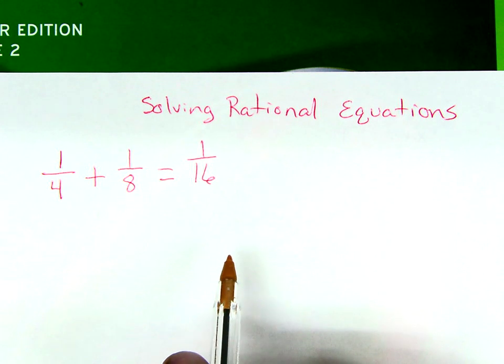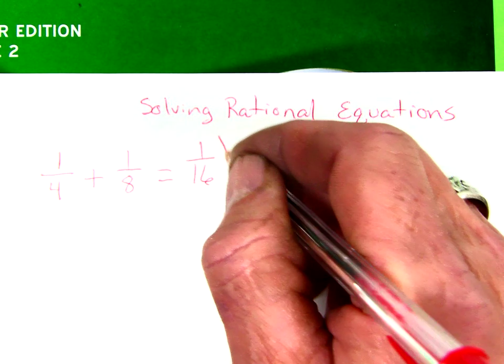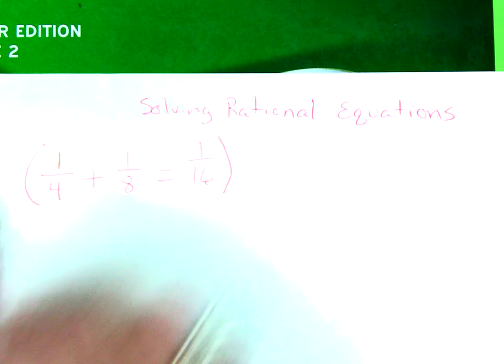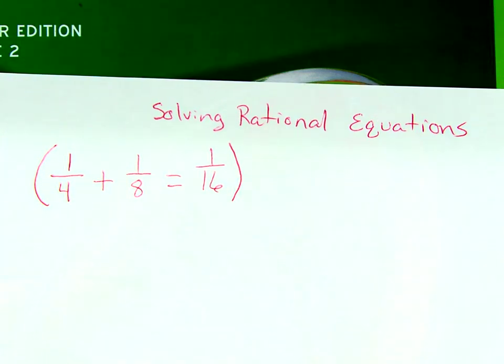That kind of is a game changer because that allows us to not have to multiply the top and the bottom anymore by the same number to change these fractions. And it allows us to multiply the entire equation. We'll multiply the entire equation by the commonality.